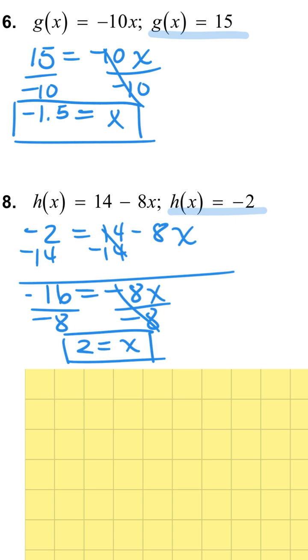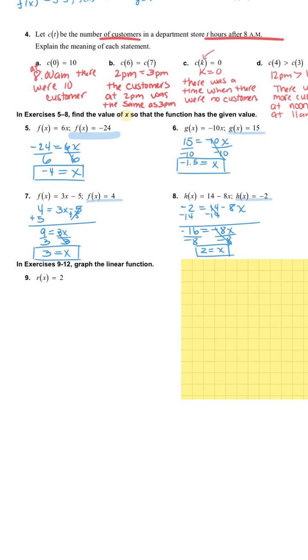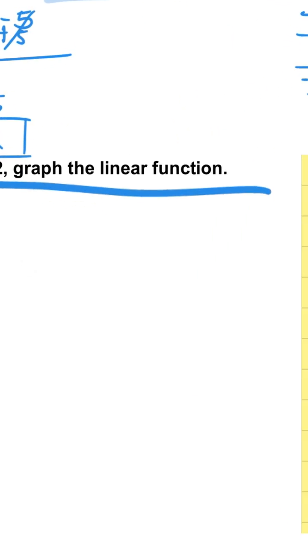Correct, number 8. In number 9 to 12, we're going to graph the linear function. We already know it's a function. And what is the function equation? Correct. y equals mx plus b.